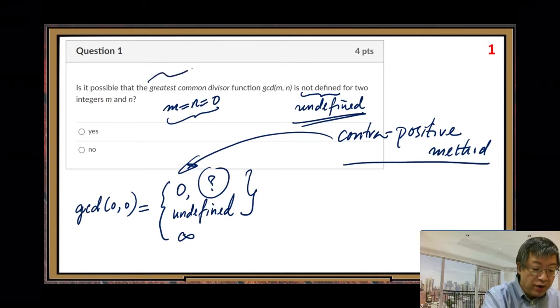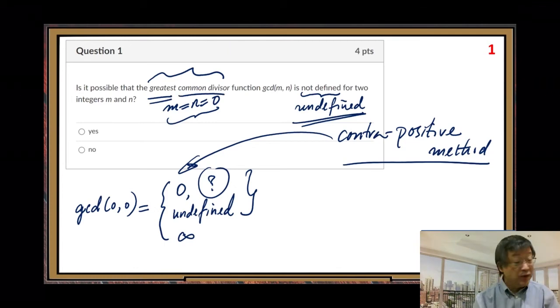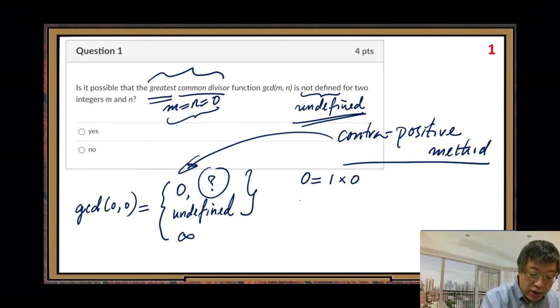When we start, we notice that GCD means greatest common divisor. The meaning is clear: you have greatest, then you have common divisor, two pieces, and we need to address both pieces. Think about this first. 0 and 0. The first 0, can we write it as 1 times 0? It's correct, no problem. The second 0, we can also write as 1 times 0.